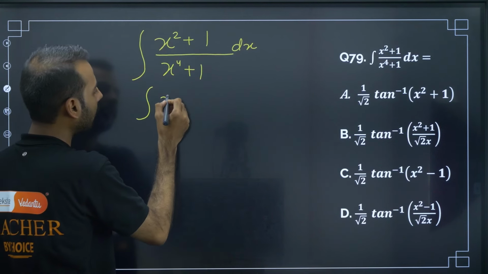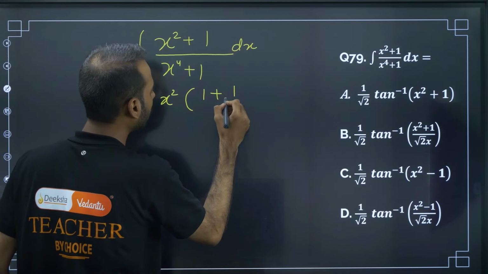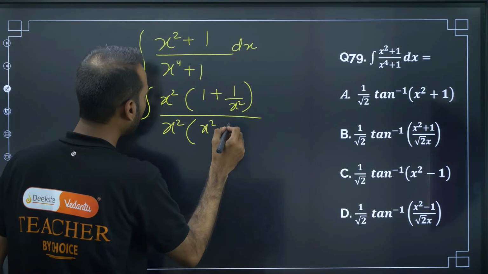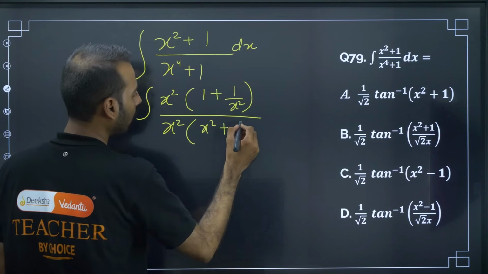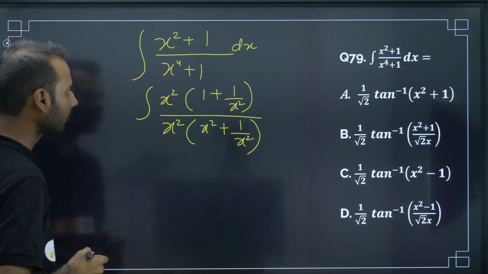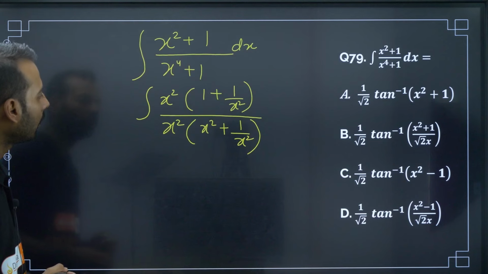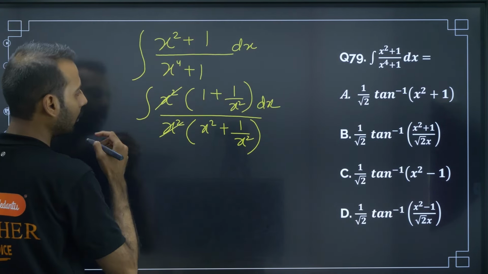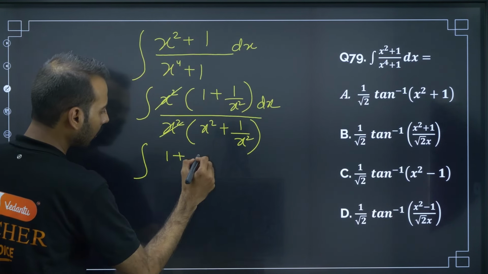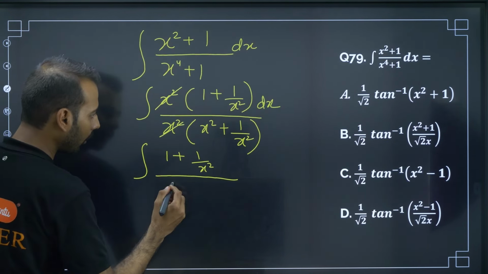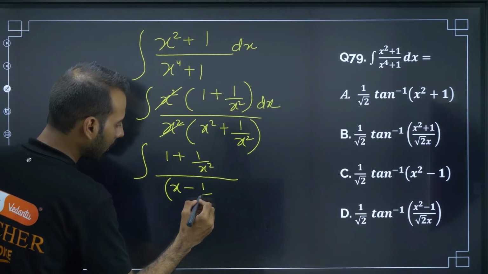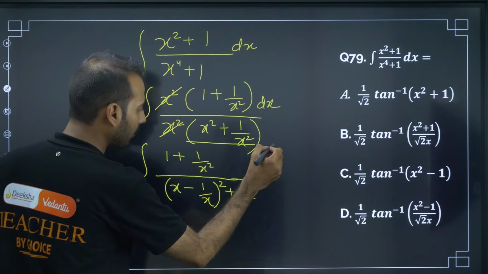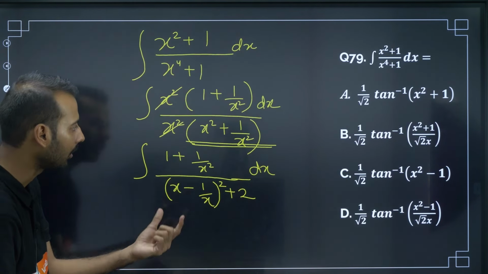For this integration, if I take x square common, I am left with 1 plus 1 by x square, and if I take x square common in the denominator, x square plus 1 by x square plus 1 by x square, and dx as it is. So 1 plus 1 by x square, for this x minus 1 by x whole square plus 2 dx. See here, for this expression I am writing like this.